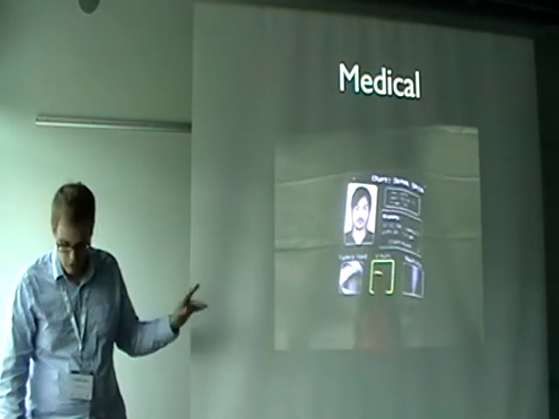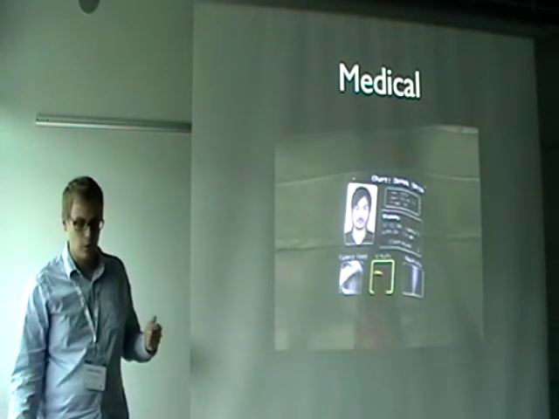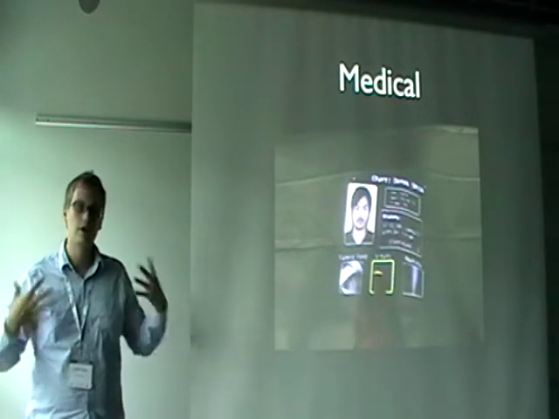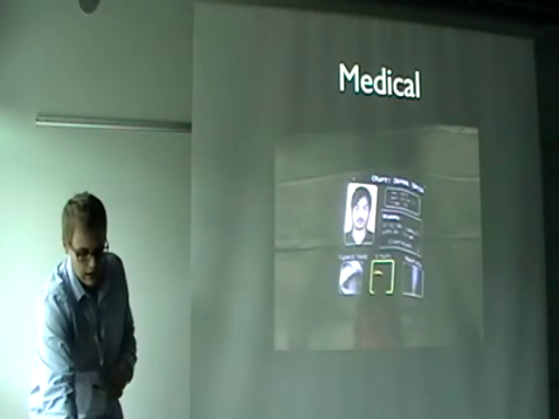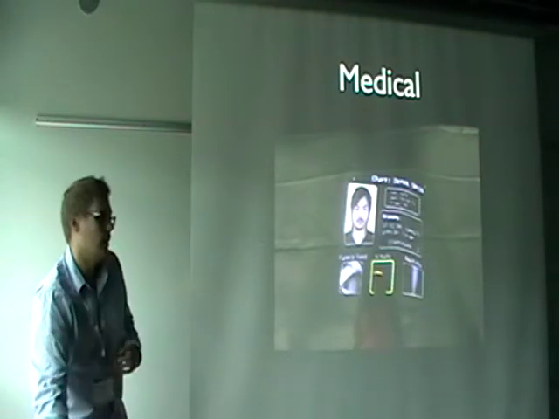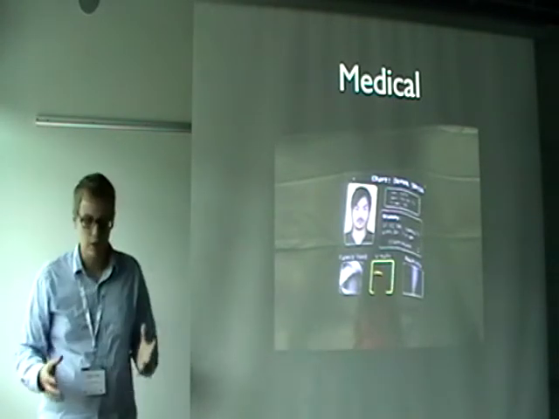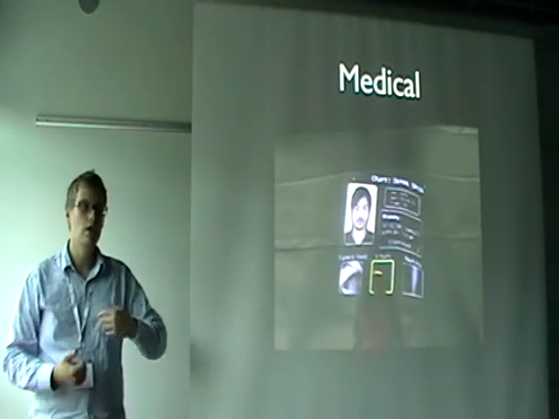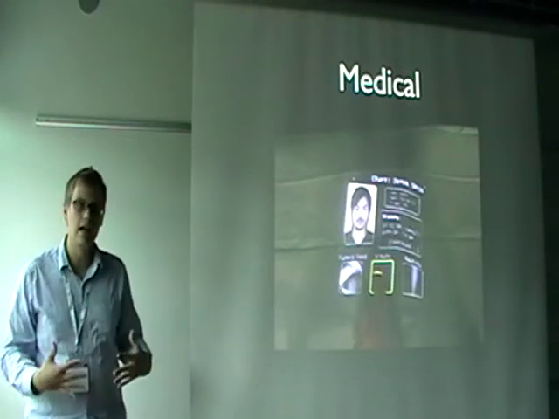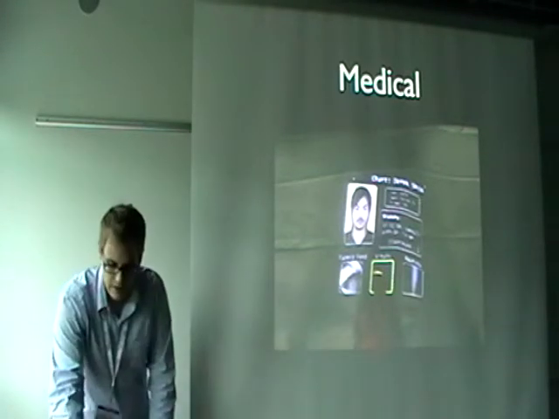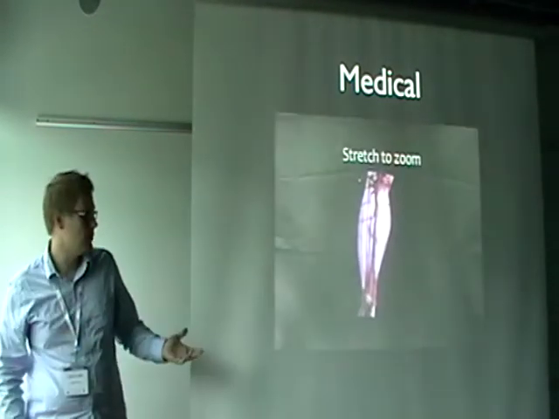Before I show a quick video clip, we looked at things like putting patient information on a patient as they travel around, and we also looked at moving digital information like fMRIs and x-rays and putting these in place, whether as a learning tool or whether you're actually showing underlying anatomy on a patient physically. And so this is a quick demo of this interactive anatomy that we worked on.